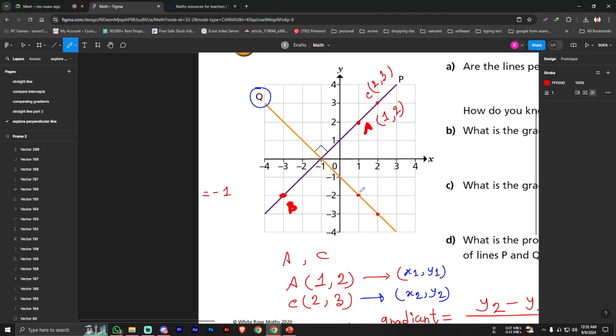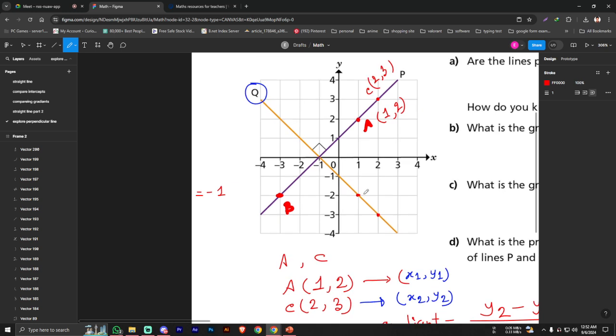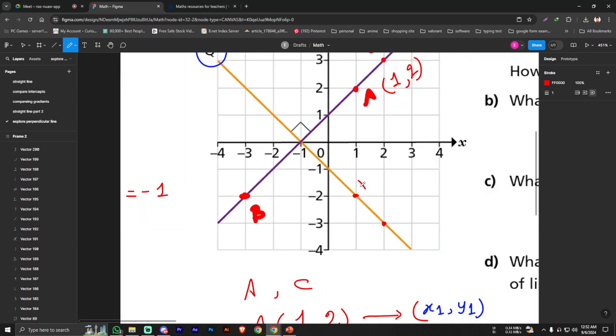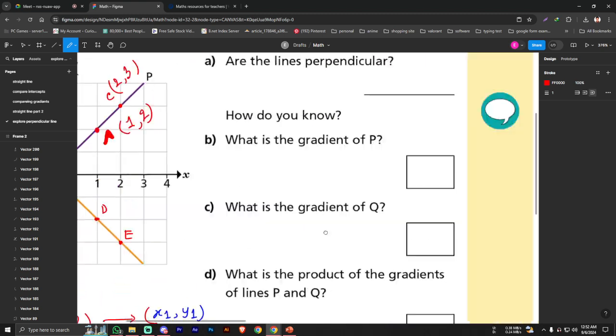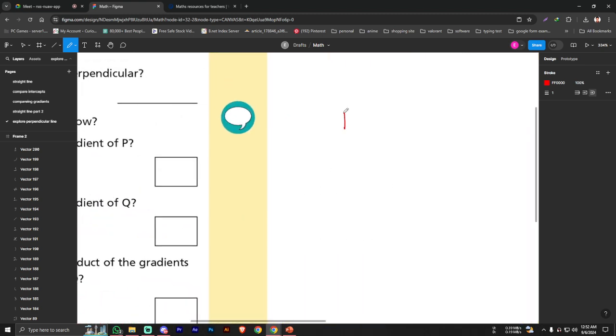Okay, so if we take these points, let's assume they are D and E points. Okay, let me just calculate it. So D point is 1 minus 2 and E point is 2 minus 3, right?